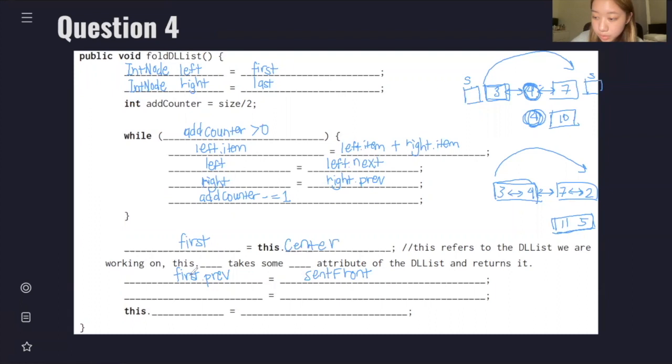And then we're going to do the opposite, which is sent front.next equals first. You can sort of think of it as something like this, right? Where this is the sentinel node. We are setting first.prev to point to the sentinel node, and then its next value should point to the front.